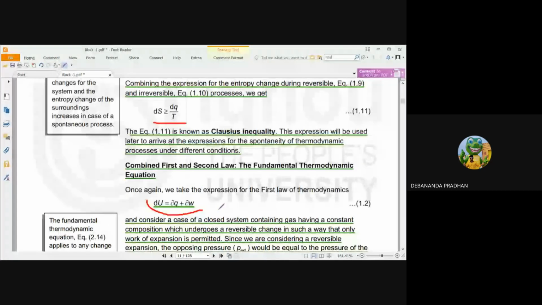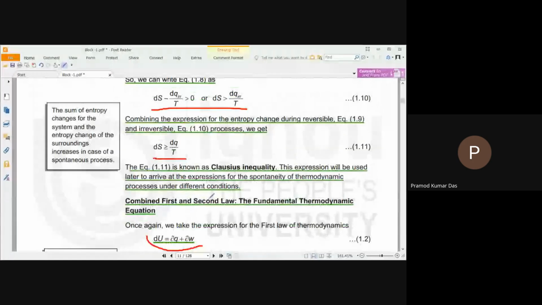Okay, sir. So you should know that this equation 11 is known as the Clausius inequality equation. Again, I am telling, this equation is known as the Clausius inequality equation, because in our graduation level we have studied that ds equals dq by T. But according to the Clausius inequality, ds is greater than or equal to dq by T. So ds is nothing but change in entropy.